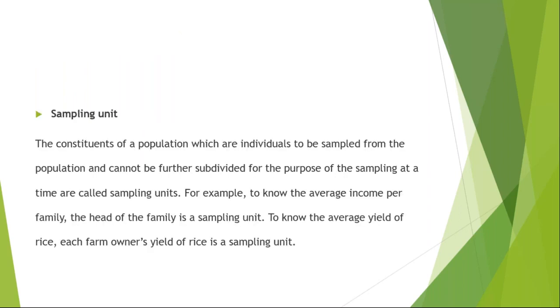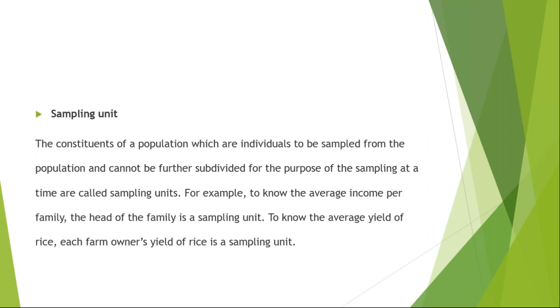So what are the advantages? Now let's look at the merits. Okay, before we get to the merits, let's look at the sampling unit. The constituents of the population, which are individuals to be sampled from the population and cannot be further subdivided for the purpose of the sampling at the time, are called sampling units. So each of those 100 persons that you collected is referred to as a unit of that sample, a sampling unit.